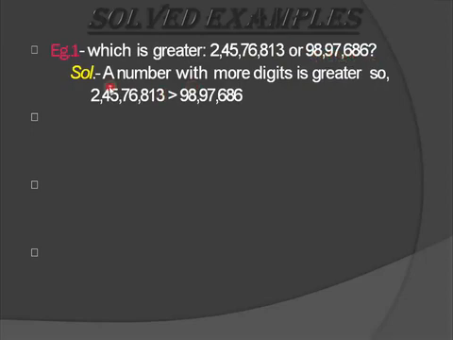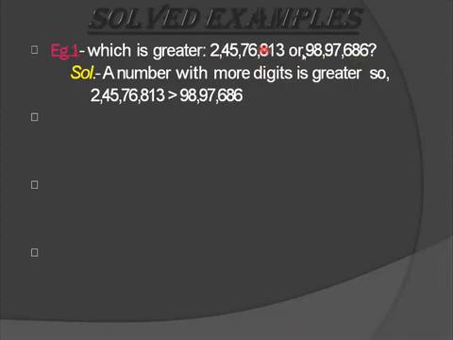According to rule number 1, a number with more digits is greater. If it has fewer digits, it will be lesser. Now if you see here, 1, 2, 3, 4, 5, 6, 7, 8 digits are there. Whereas here 1, 2, 3, 4, 5, 6, 7 are there. So here 8 digits are there, here 7 digits are there.